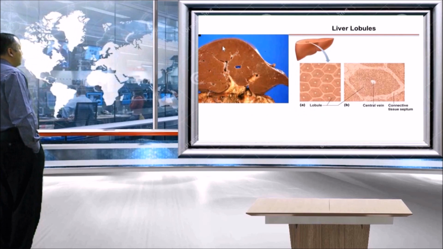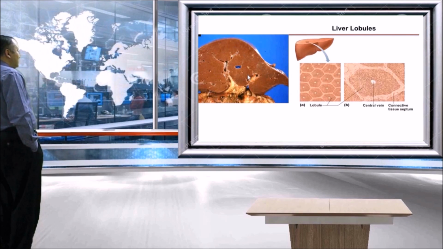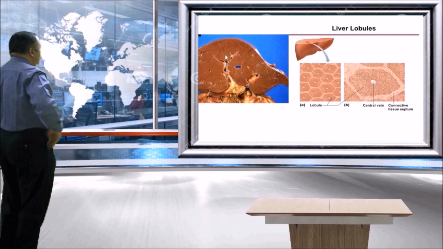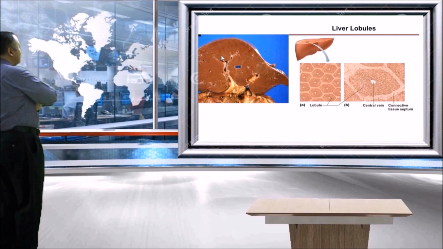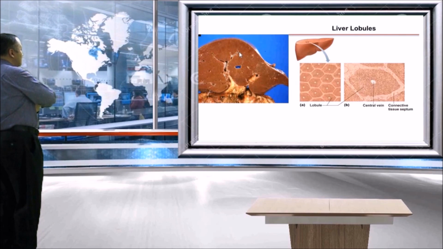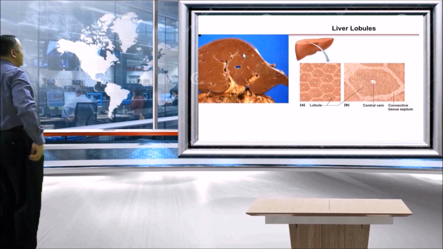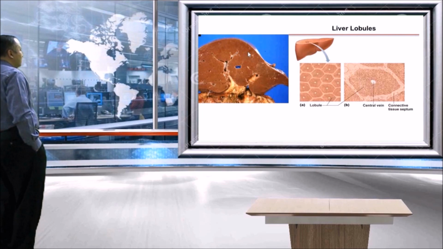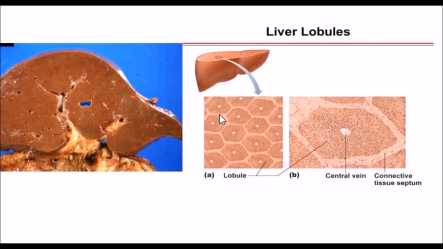So you can see here, this is the cut section of the liver, and if we look at this cut section under the microscope, then we find that the cut surface of the liver across the liver lobules, which are also cut, appear as hexagonal with 6 surfaces, having the central vein in the center.